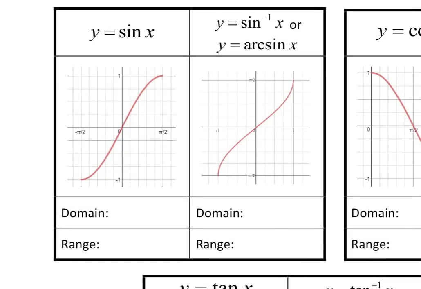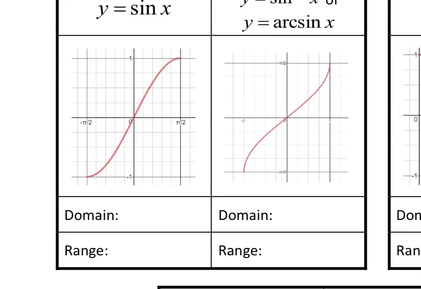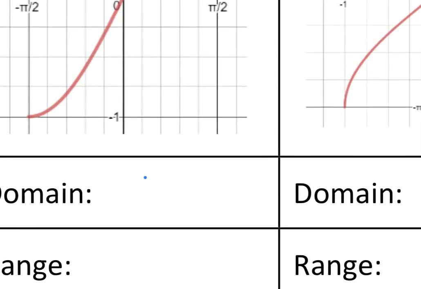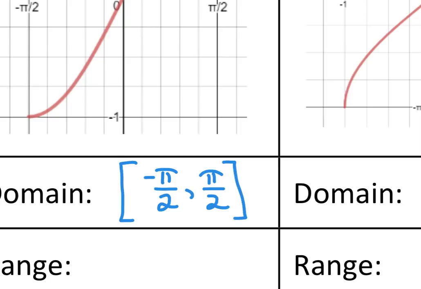The key to remembering which graph is which is to start by looking at the domains and ranges of the graphs. So for example, in the regular sine function, when I say regular, I mean the one that's not the inverse, your domain is going to be from negative 90 to positive 90, but that will also be inclusive of negative 90 and positive 90.